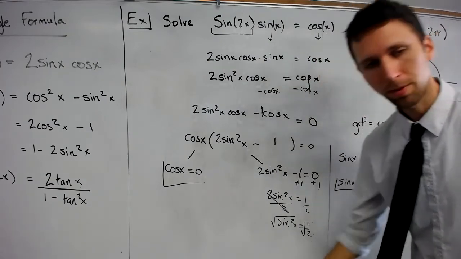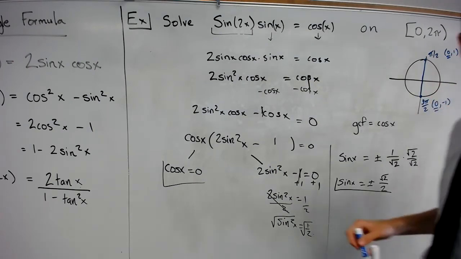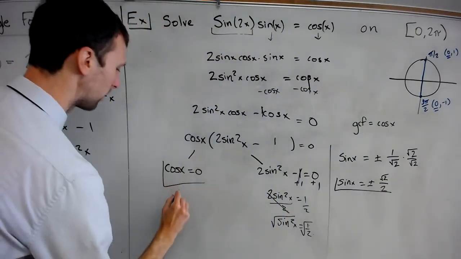There's one right up top, pi over 2. That has coordinate 0, 1, so cosine will be 0. And we're also going to have 3 pi over 2. This has an x coordinate of 0. So cosine of 3 pi over 2 is 0.